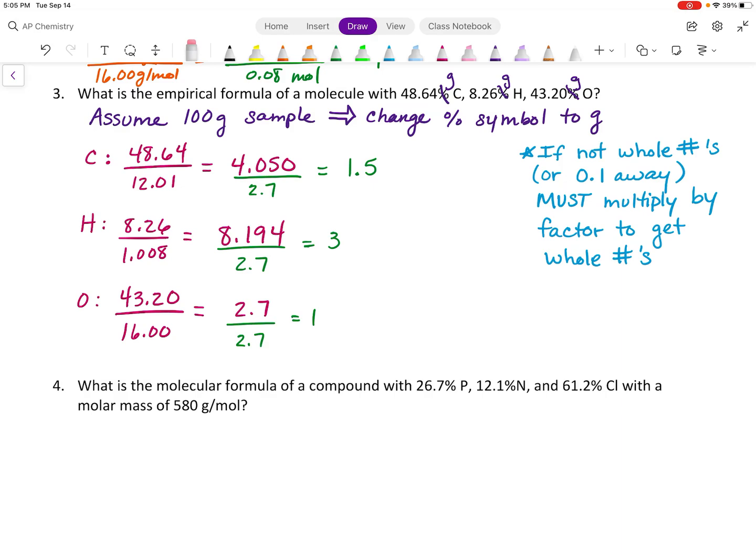So in this case, we're going to multiply each one of these by 2. So it's going to give us 3 for carbon, but we have to do this to all of them. 6 for hydrogen, and then 2 for oxygen. And so now our empirical formula is going to be C3H6O2.